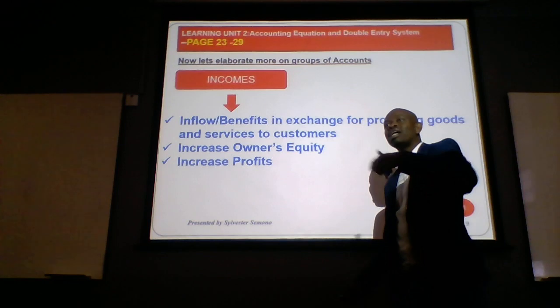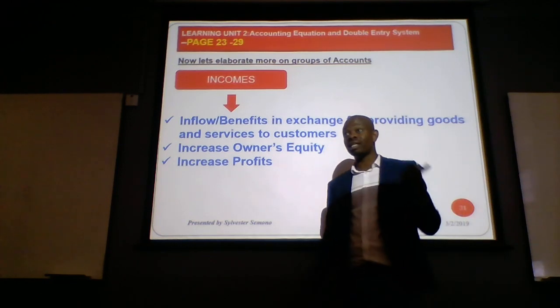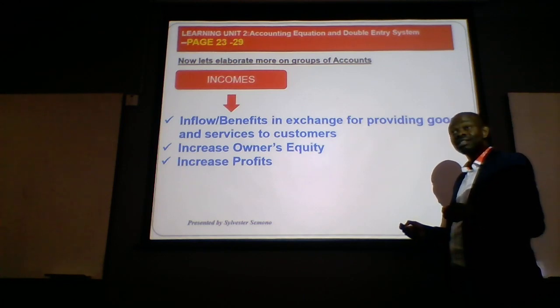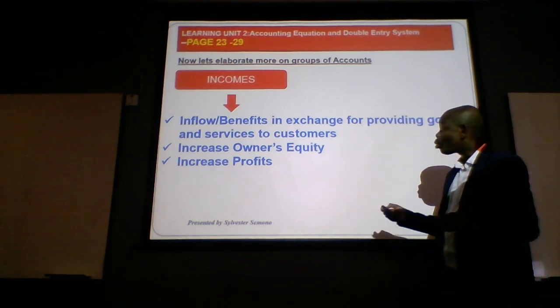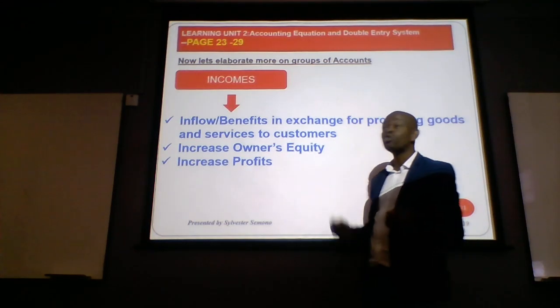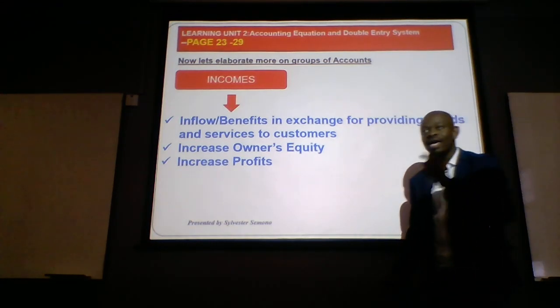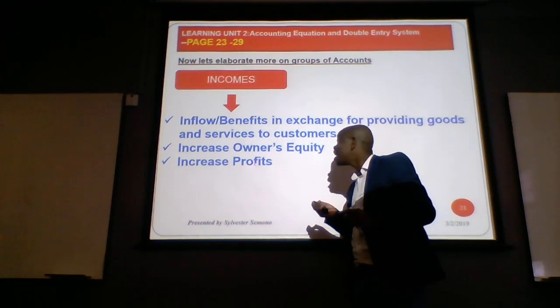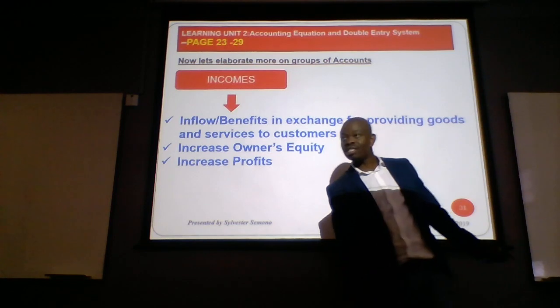I'm renting my apartment out, you give me what? Rent income. You see? They always increase what? Owner's equity. Why do they increase owner's equity? Because they also increase what? Profits. That's why we try to maximize them. Our main aim is to maximize income so that we can have more profit, and profit always increases what? Owner's equity.